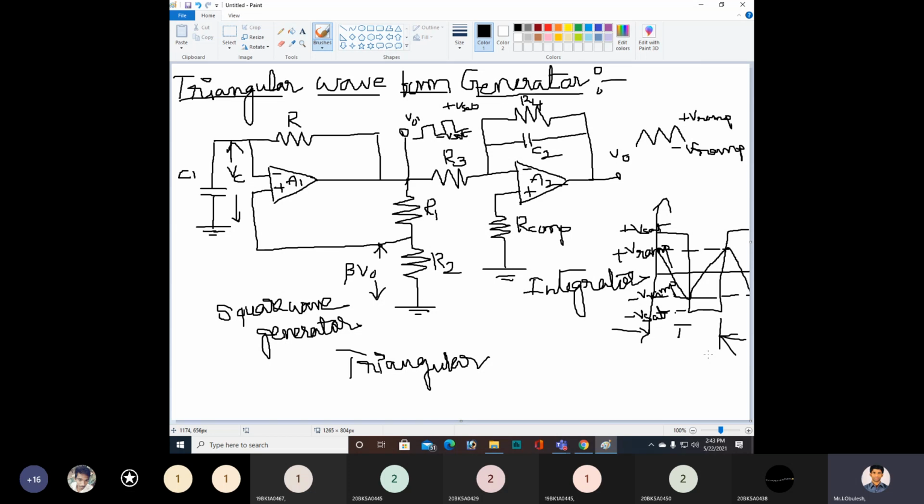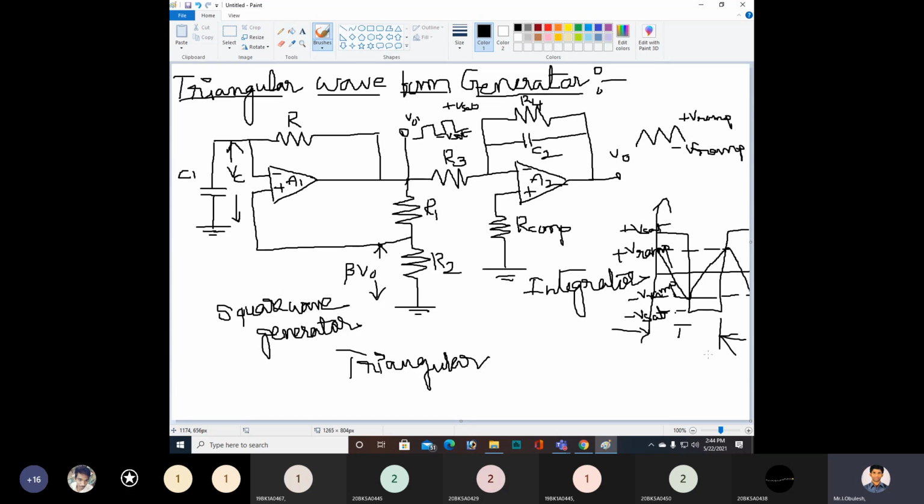The amplitude of the square wave is constant at plus or minus V saturation. So the amplitude of the square wave generator is plus or minus V saturation, which will be constant only.